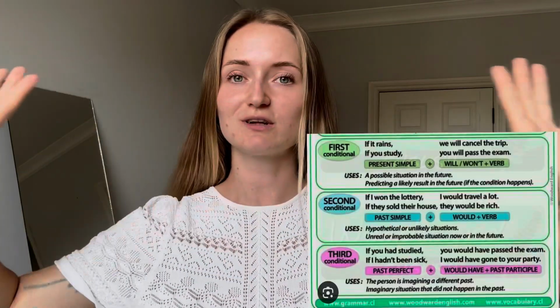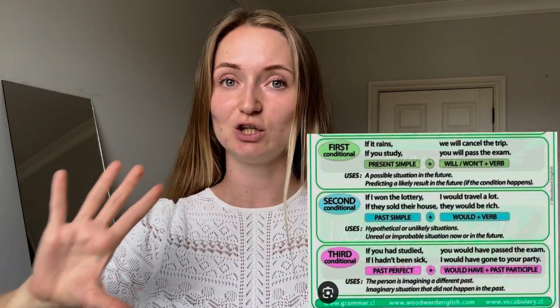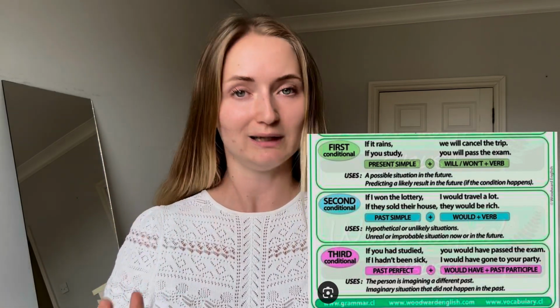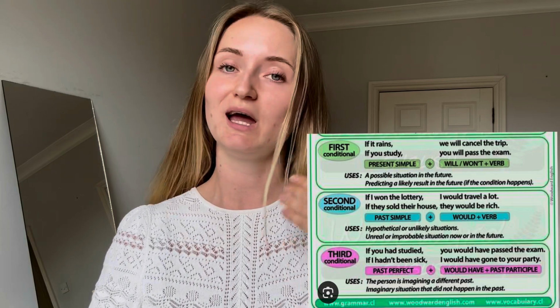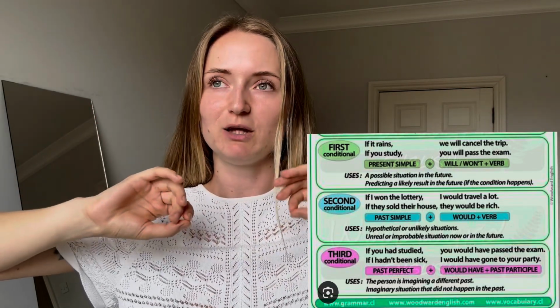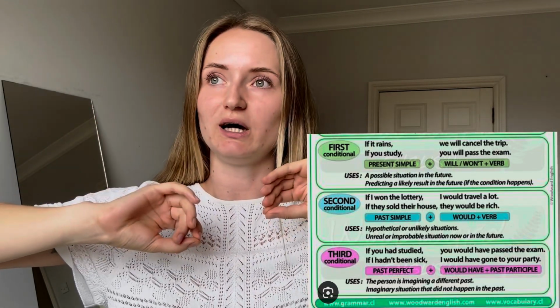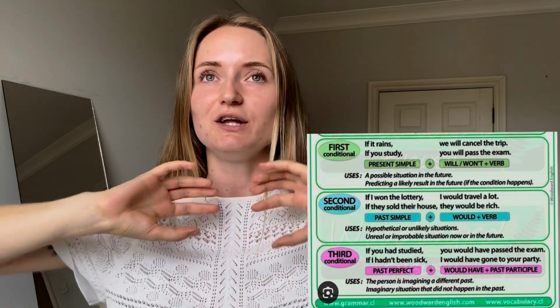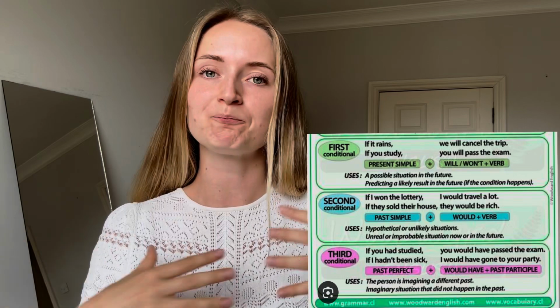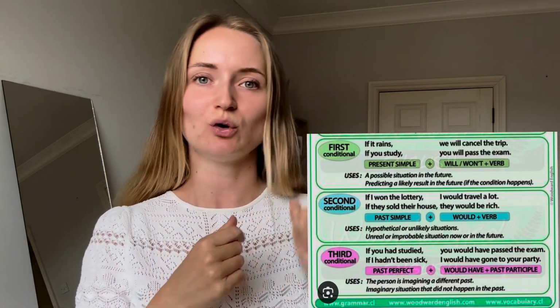Now, let's summarize it all so that you have a clear picture of the three conditionals. The first conditional is the only conditional which is actually possible and real. I'm talking about real life situations, and real life result. The second conditional is me dreaming about the future or the present. Maybe if I won a lottery, if I had a car, it's unlikely, it's imaginary, it's hypothetical, but I'm imagining the future or the present.